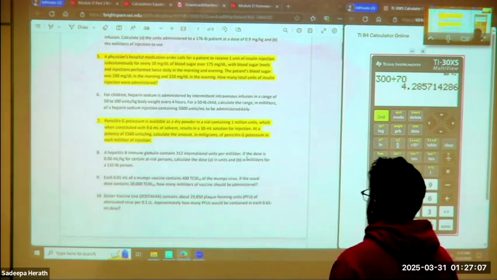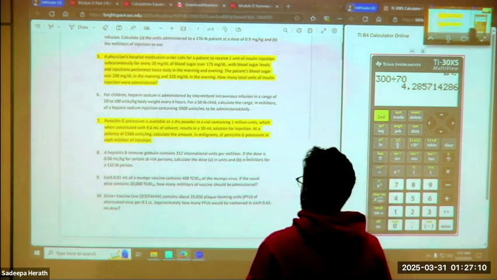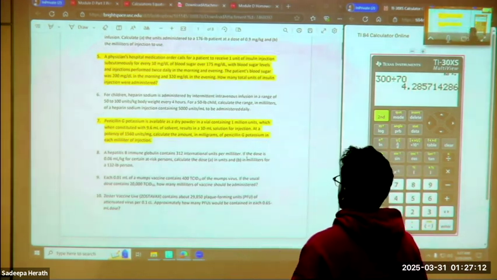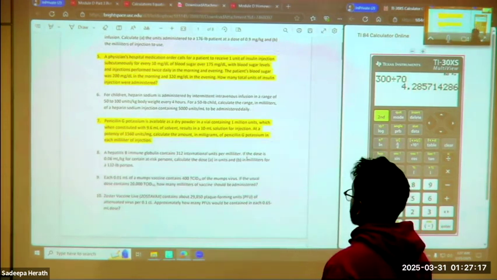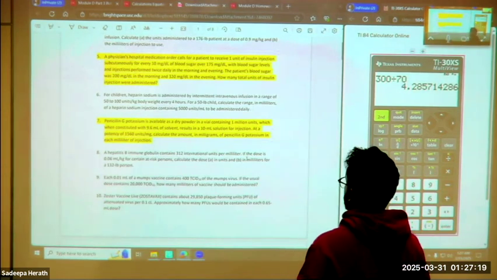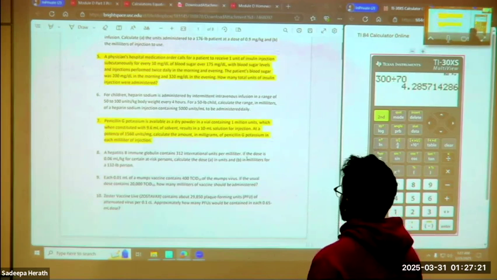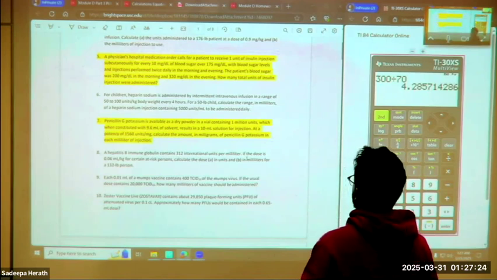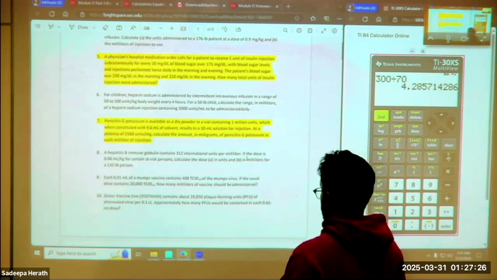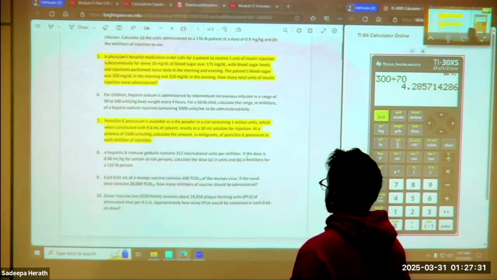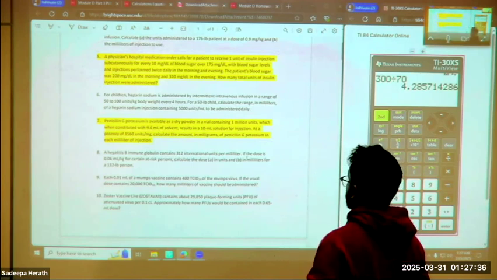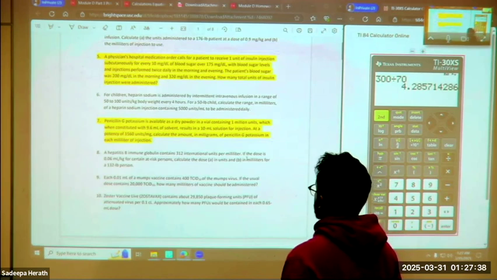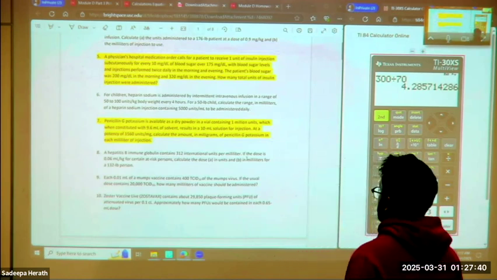A physician's hospital medication order calls for a patient to receive 1 unit of insulin injection subcutaneously for every 10 milligrams per deciliter of blood sugar over 175 milligrams per deciliter, with blood sugar levels and injections performed twice daily in the morning and evening. If the patient's blood sugar was 200 milligrams per deciliter in the morning and 320 milligrams per deciliter in the evening, how many total units of insulin injection were administered?